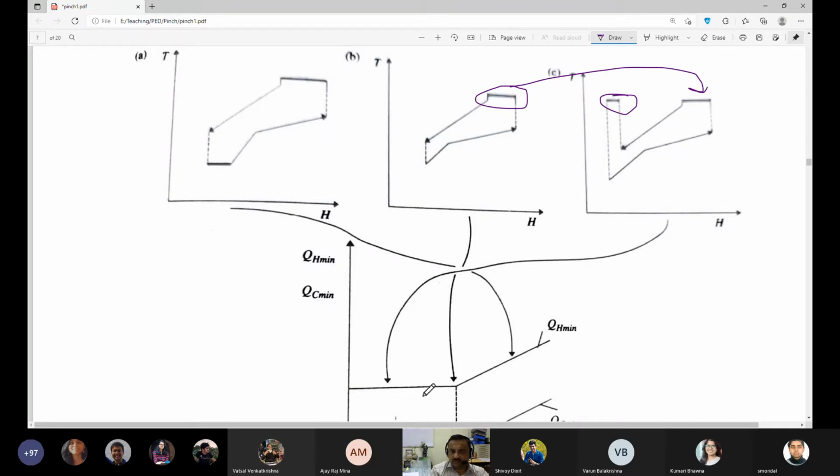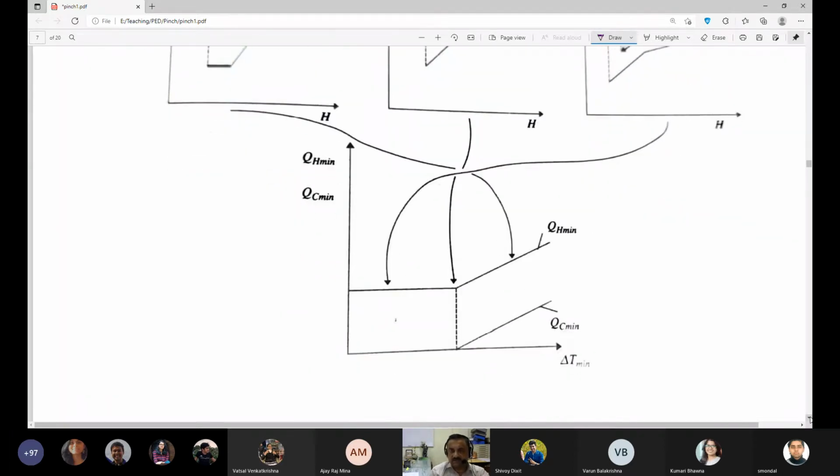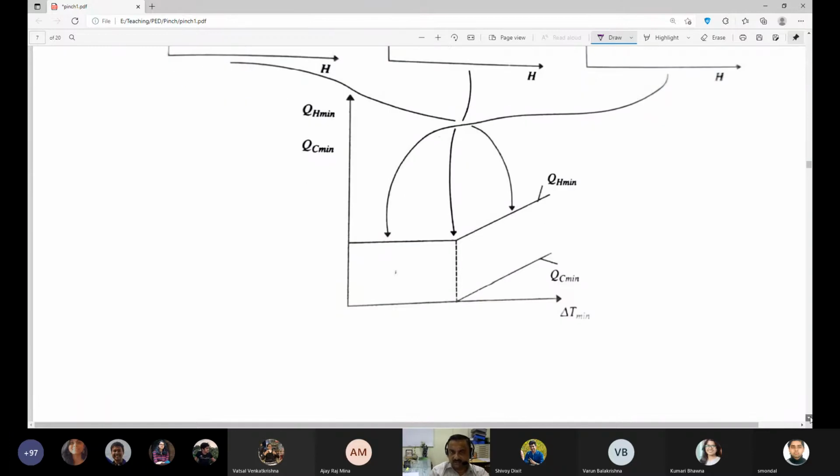So the total remains the same. So essentially, you do not go below this delta T mean. Here you have a thresholding issue: a threshold value of delta T is already in place, and you do not gain by going below this delta T value. So there is a threshold value, and that has to be checked.